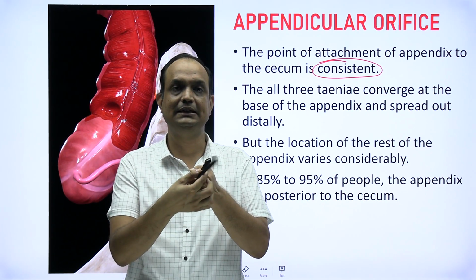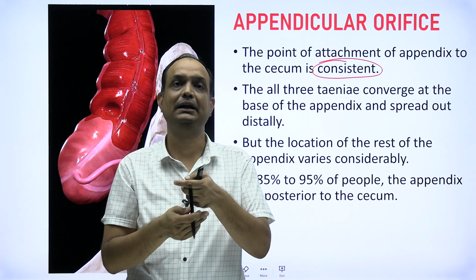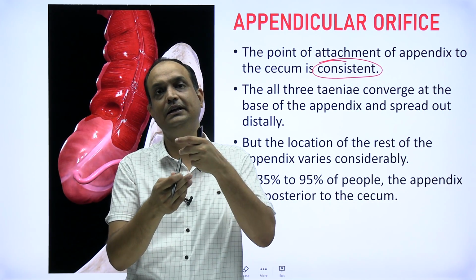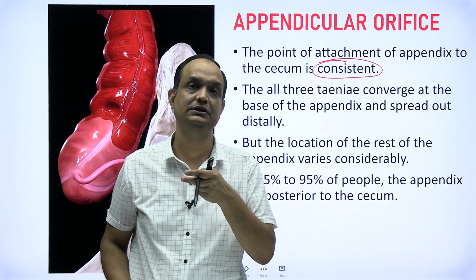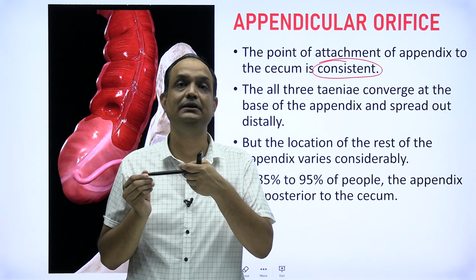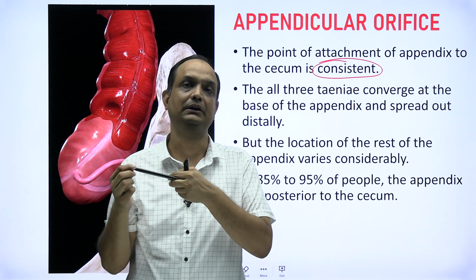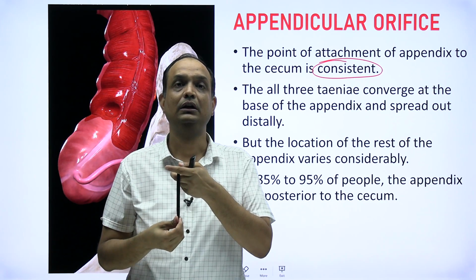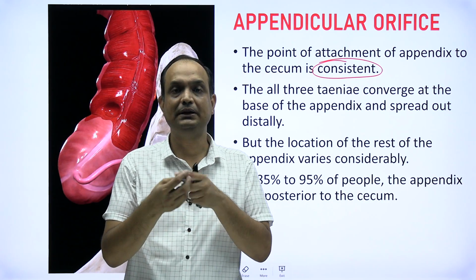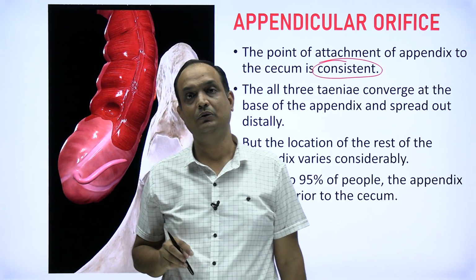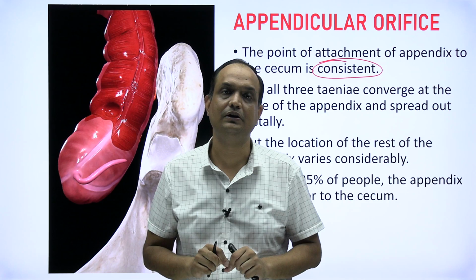It can be like this, like this, like this. But the base is attached at one place only, and that is 2 centimeters below the ileocecal junction. The tip decides the position, which can be variable. It can be towards the inguinal canal, it can be retrocecal, it can be pre-ileal, but the base is attached 2 centimeters below. But how to find this base intraoperatively?